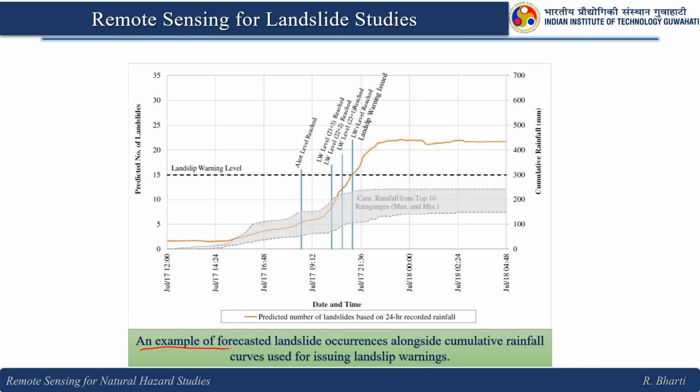An example of forecasted landslide occurrence alongside cumulative rainfall curves used for issuing landslip warning. Here you have the cumulative rainfall, this is the predicted number of landslides, and this is the date and time.